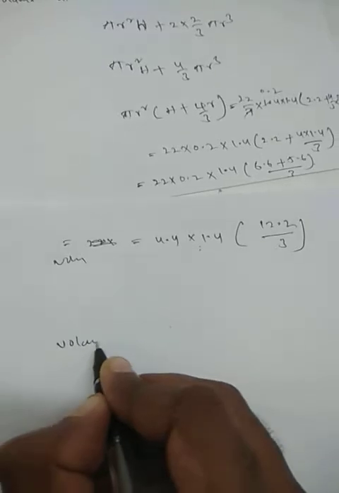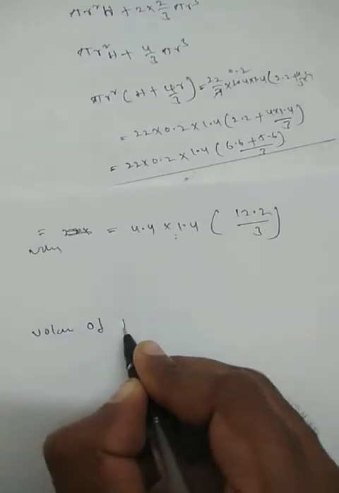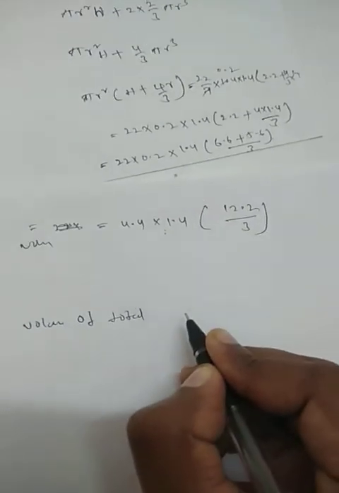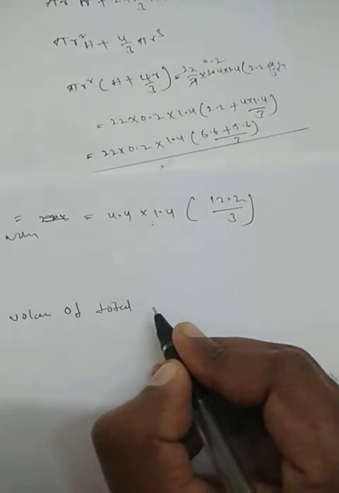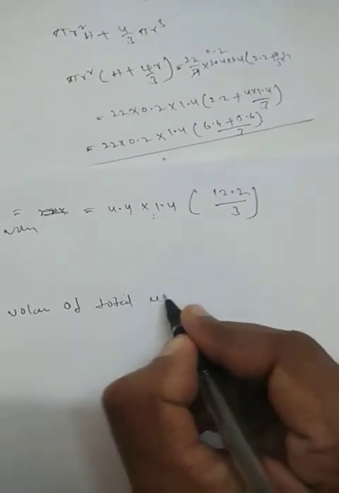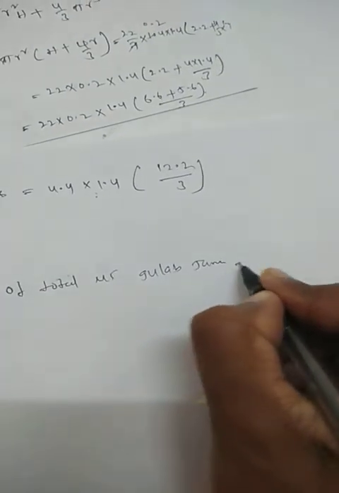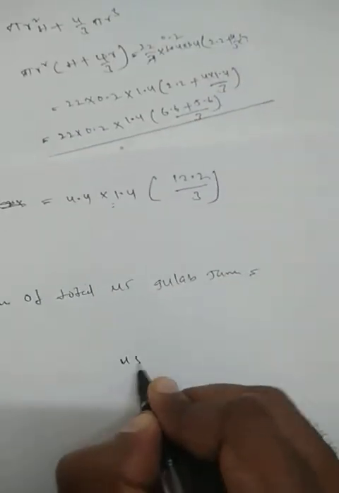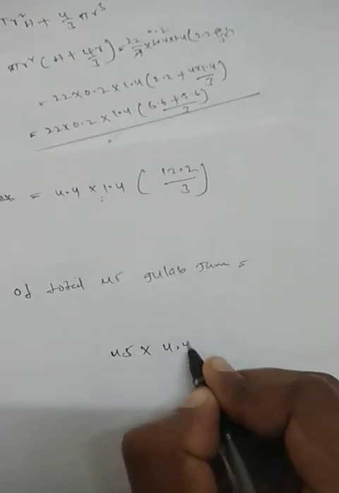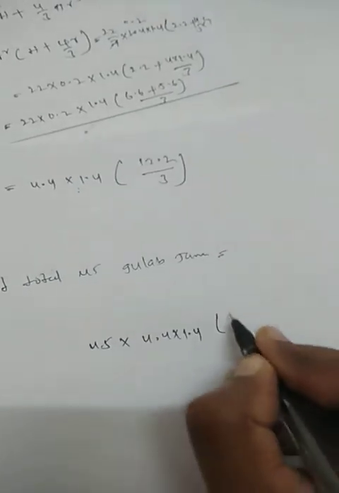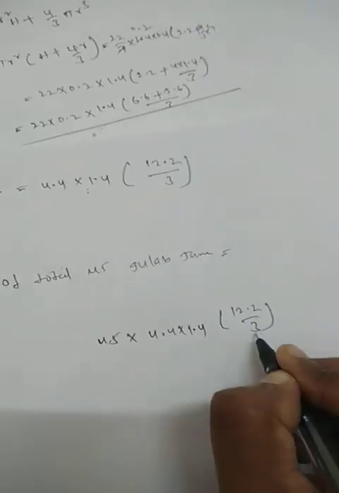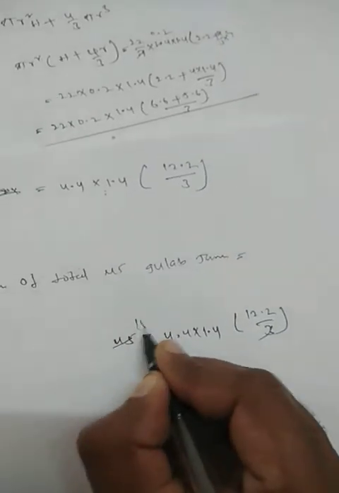Next, the volume of the total 45 gulab jamuns. Don't simplify here, at last you will get a simplified form. 45 gulab jamuns is equal to 45 into 4.4 into 1.4 into 12.2 by 3. 3 ones are 3, 3 fives are 15.